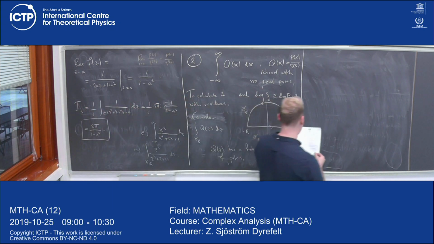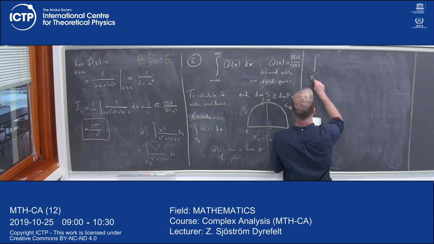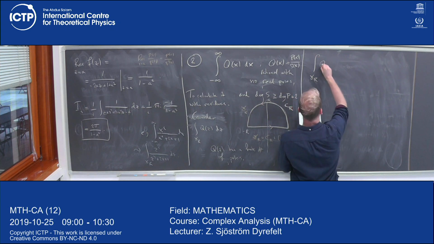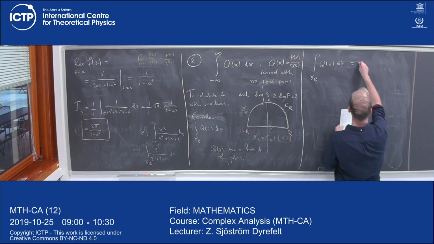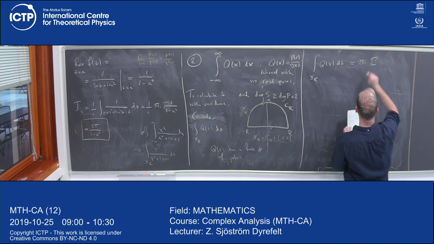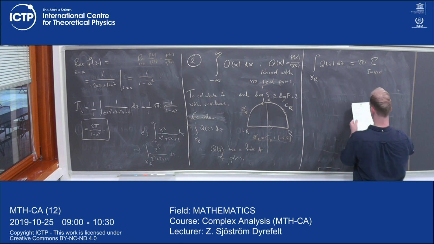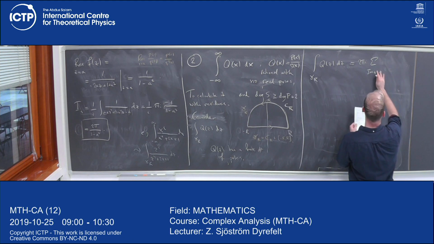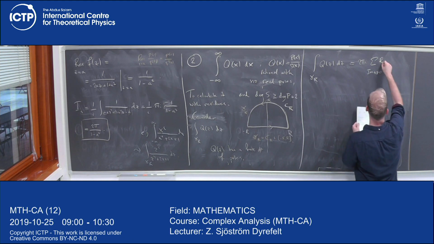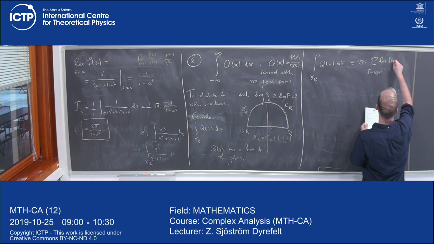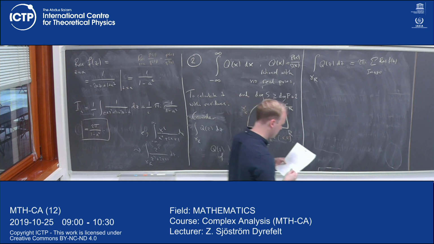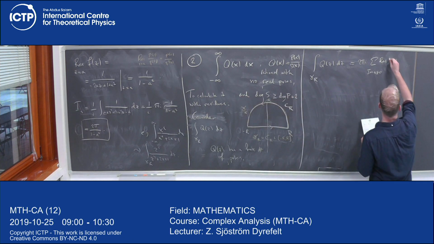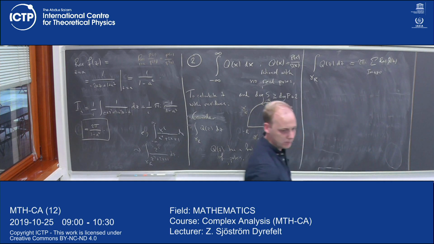So since it has a finite number of poles, this integral along the full curve of Q of Z dz is equal to 2 pi I times the sum, over the poles in the upper half plane, so where the imaginary part is greater than 0, of residues of Q of Z. Okay?